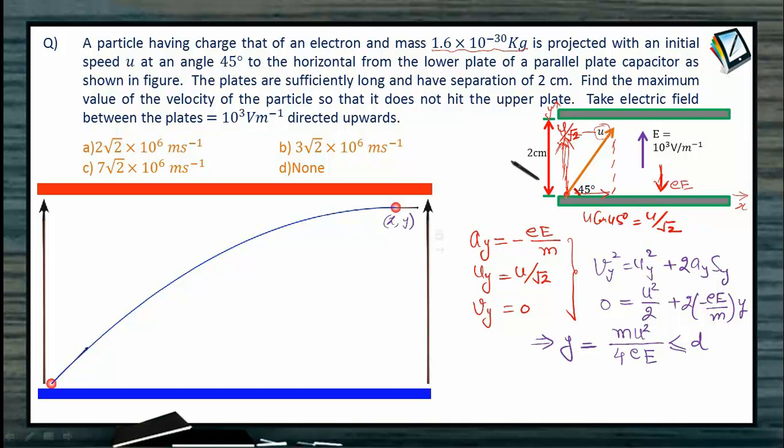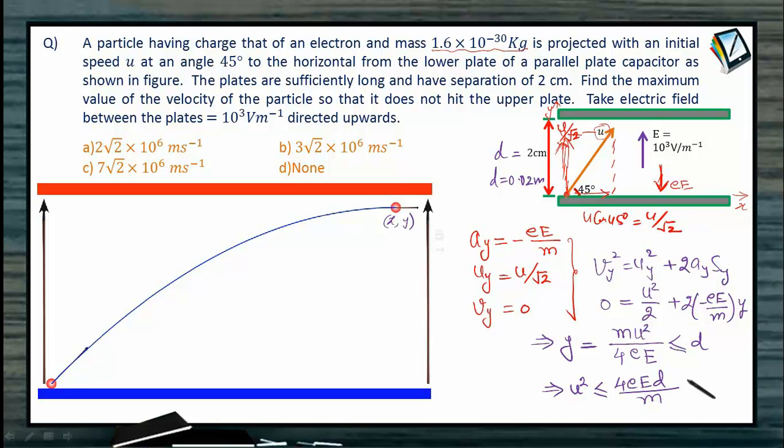Here d is 2 centimeter, that means d is equal to 0.02 meter. So this is the relation. That means u squared should be less than or equal to 4 e E d divided by m.